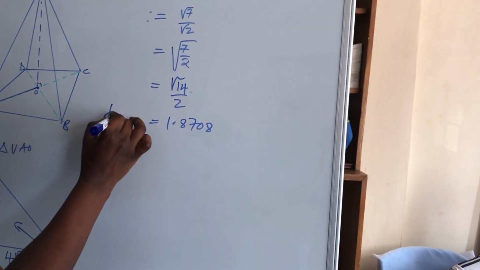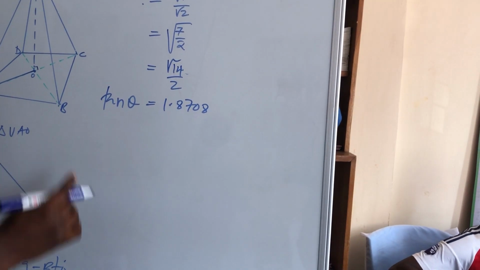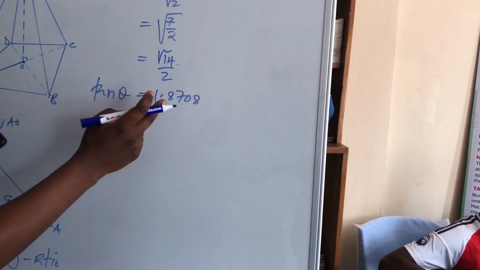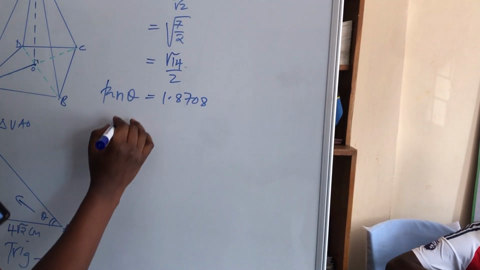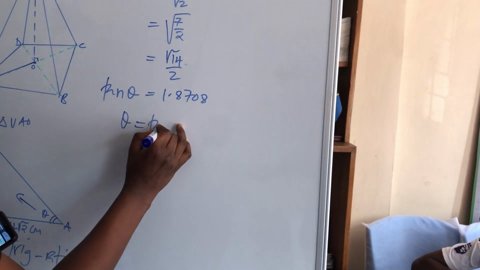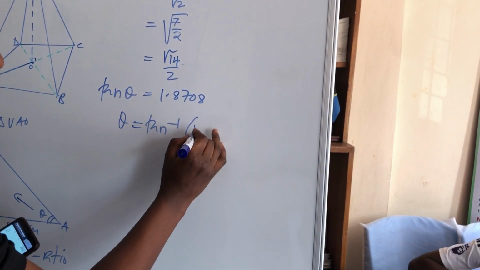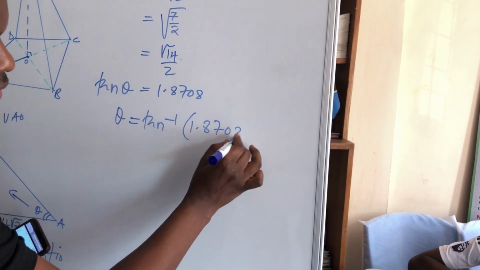So here, remember, we have tan theta. Now to find theta, we need to find tan inverse of this figure, or the arctan of the figure. So theta will be equal to tan inverse of 1.8708.